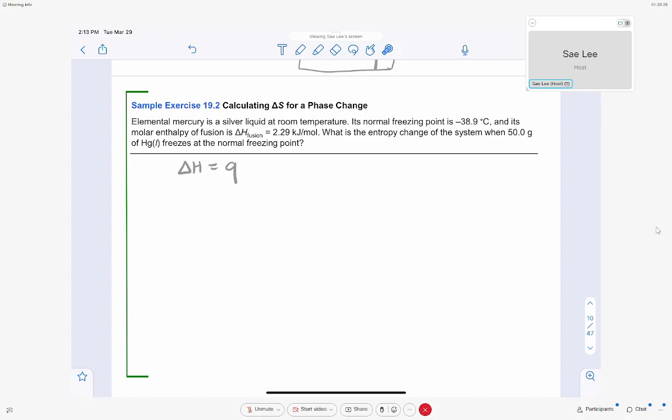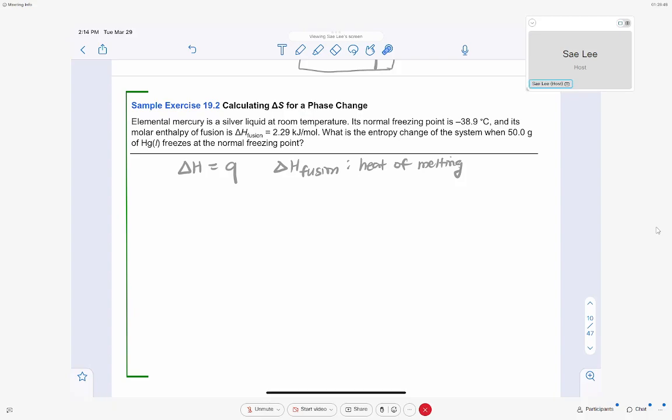What is the entropy change of the system when 50 grams of mercury freezes at the normal freezing point? So what is the enthalpy of fusion? This is basically the heat of melting. You require this amount of energy in order to melt the mercury.